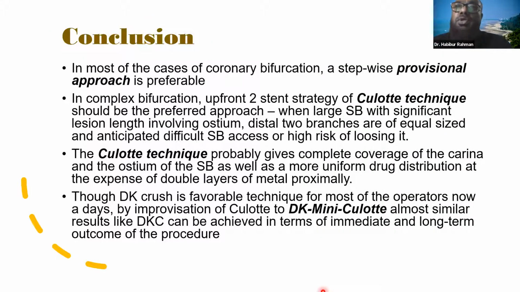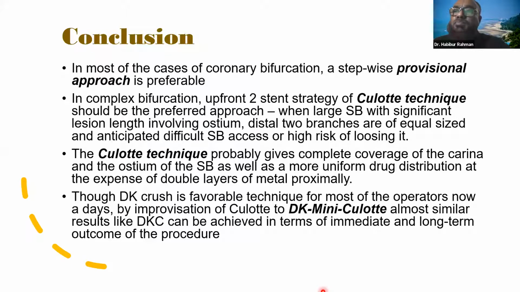In conclusion, in most cases of coronary bifurcation, a stepwise provisional approach is preferable. In complex bifurcation, an upfront two-stent strategy of the Culotte technique should be the preferred approach when there is a large side branch, significant lesion length involving the ostium, distal two branches of equal size, anticipated difficult side branch access, or estimated risk of losing the side branch is very high.